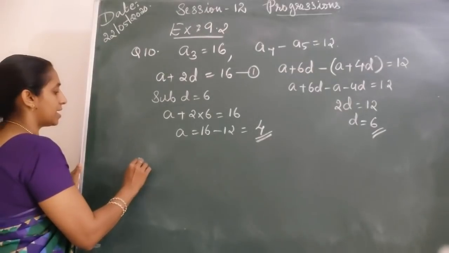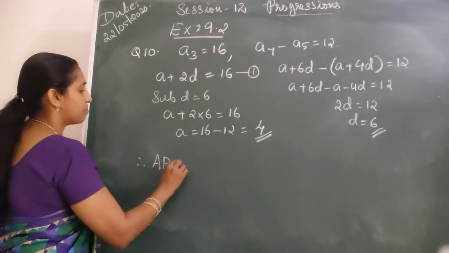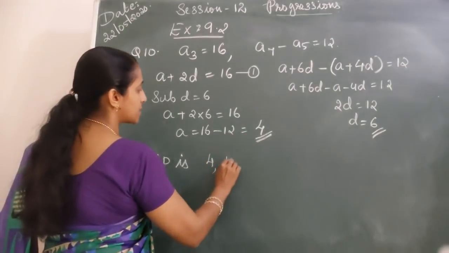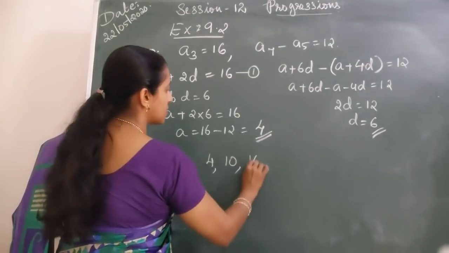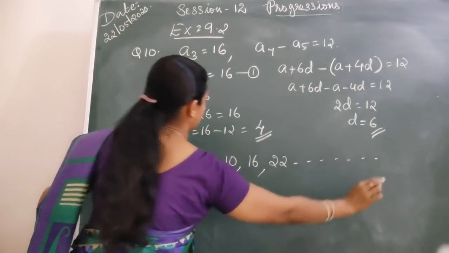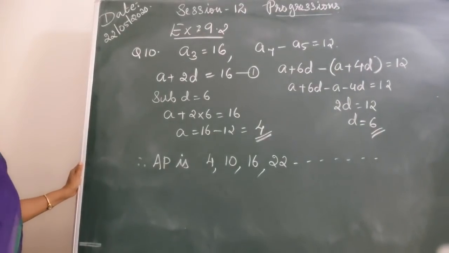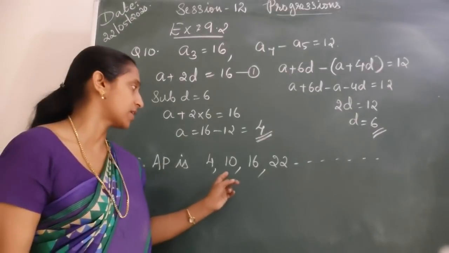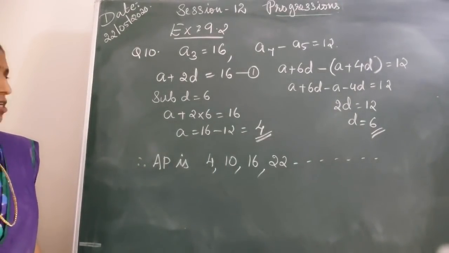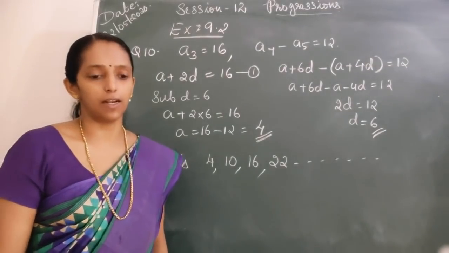Therefore, the required AP is 4, 4 plus 6 is 10, 10 plus 6 is 16, 16 plus 6 is 22, etc. Common difference, are you getting 6? Yes, so the required AP will be 4, 10, 16, 22, etc.